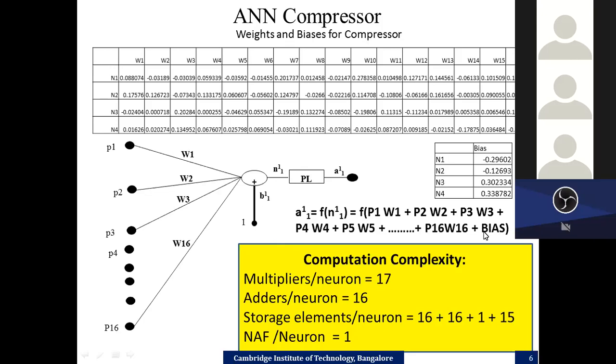But I have still considered it as a multiplier, taking 17 multipliers for the considered structure to compute one output of the neuron. Then the number of adders is naturally 17 minus 1, which is 16. So you need 16 adders to complete the process of multiplication and addition.